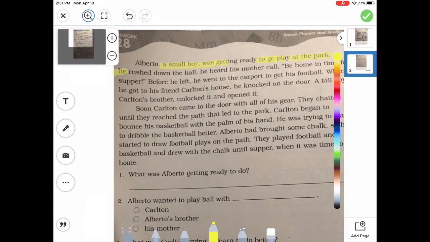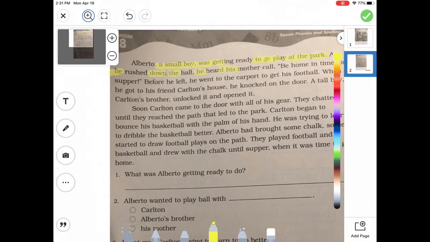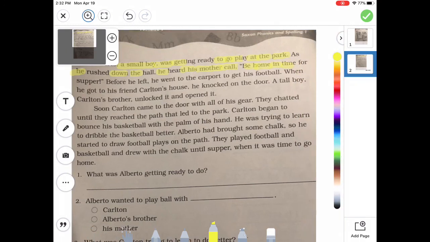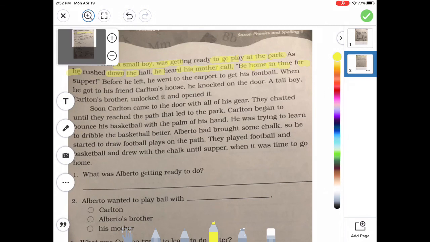He rushed down the hall. He heard his mother call. Be home in time for supper. Before he left, he went to the port to get his football.